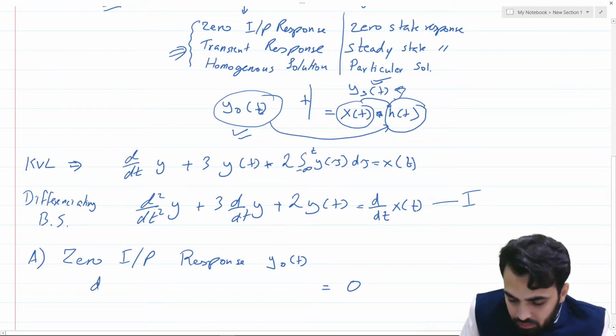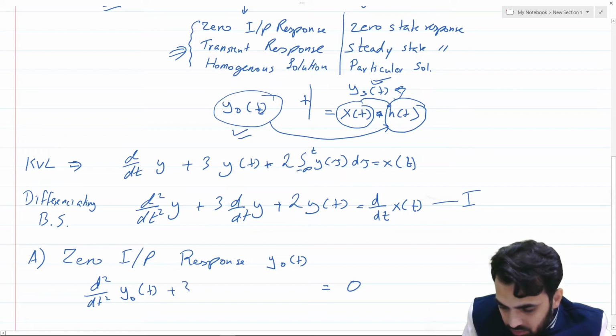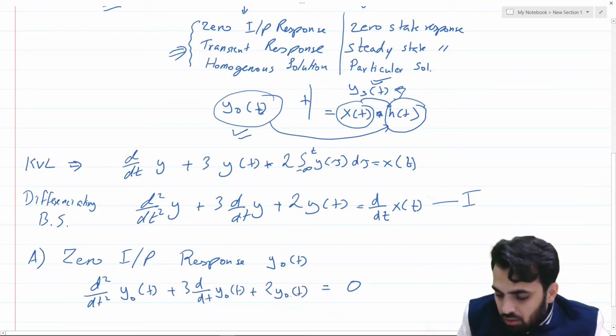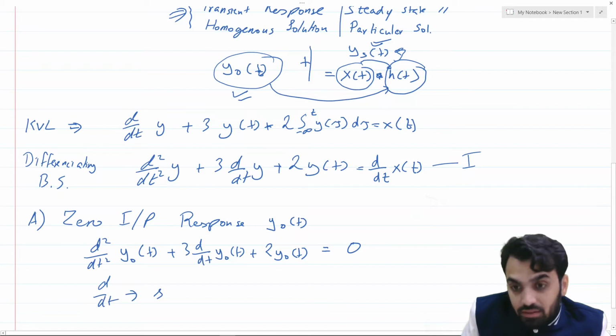So we have the second derivative of y0(t) plus 3 times the first derivative plus 2 y0(t) equal to 0. We can express this in a polynomial form, and we can say that d/dt is, say, s.